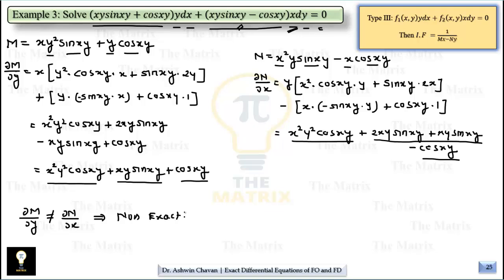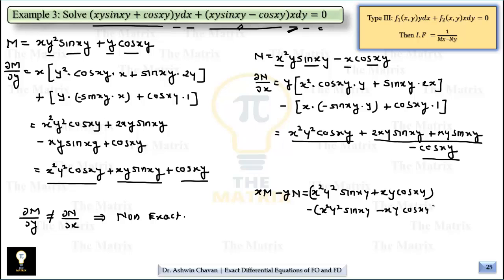Now we find the integrating factor which makes the given differential equation exact. We check x into M minus y into N. If we multiply M with x, we get x square y square sine of xy plus xy cos of xy. So x into M minus y into N becomes x square y square sine of xy minus xy cos of xy.